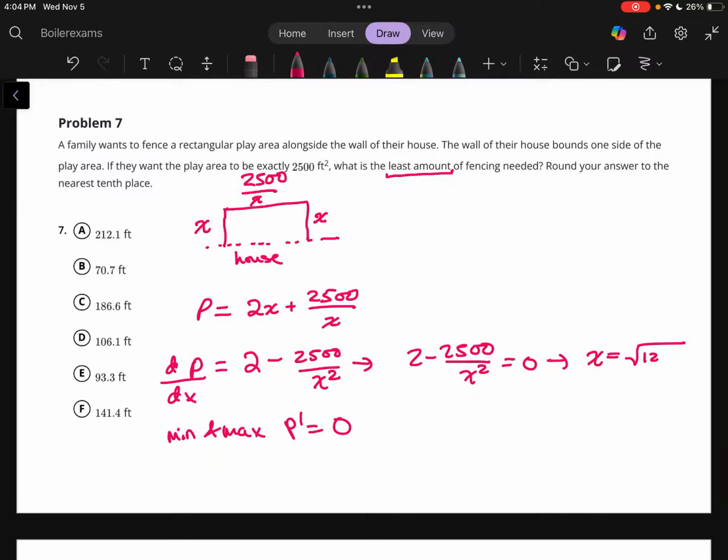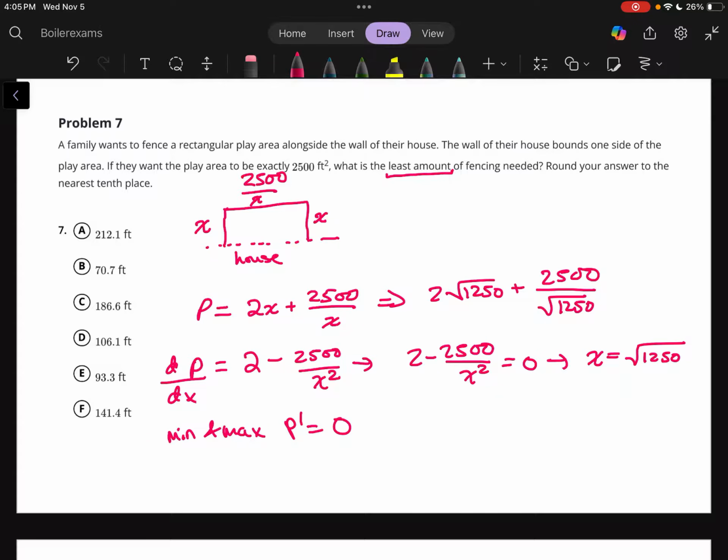Yes, okay. And so now, if I plug this in, I get the perimeter is equal to 2 times the square root of 1,250 plus 2,500 divided by the square root of 1,250.